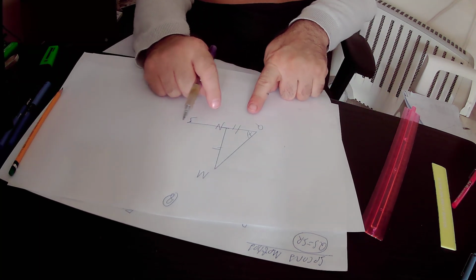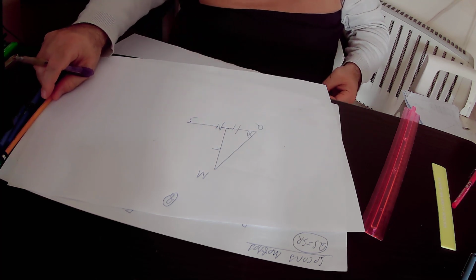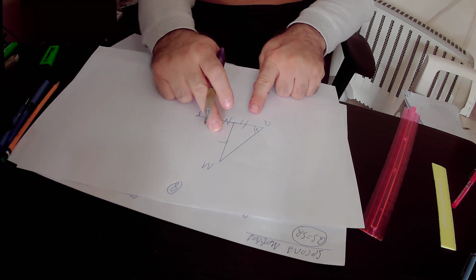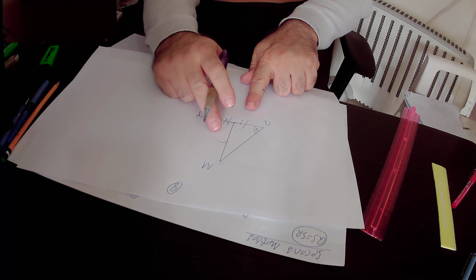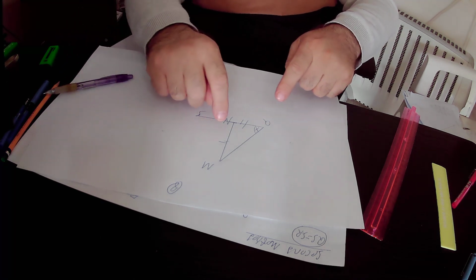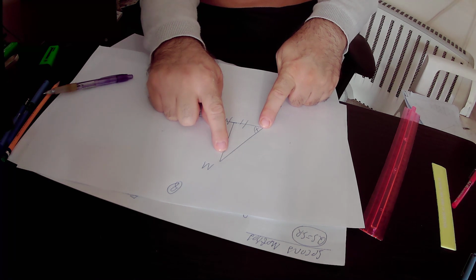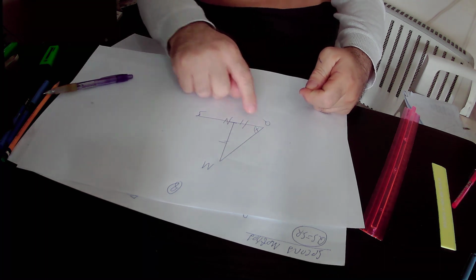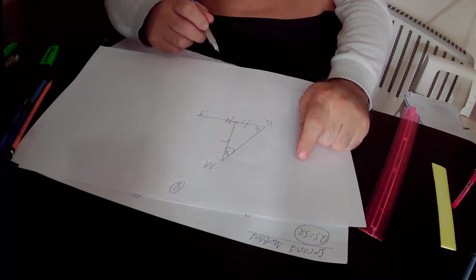So we know that QN equals MN, those two sides are equal to each other, and we know that in any triangle, in front of equal sides there are equal angles. The two angles that are located in front of those two equal sides are those two angles. So according to the rule that I mentioned, those two angles must be equal to each other. But this angle equals x, so this angle must also be equal to x, because those two angles are equal to each other.